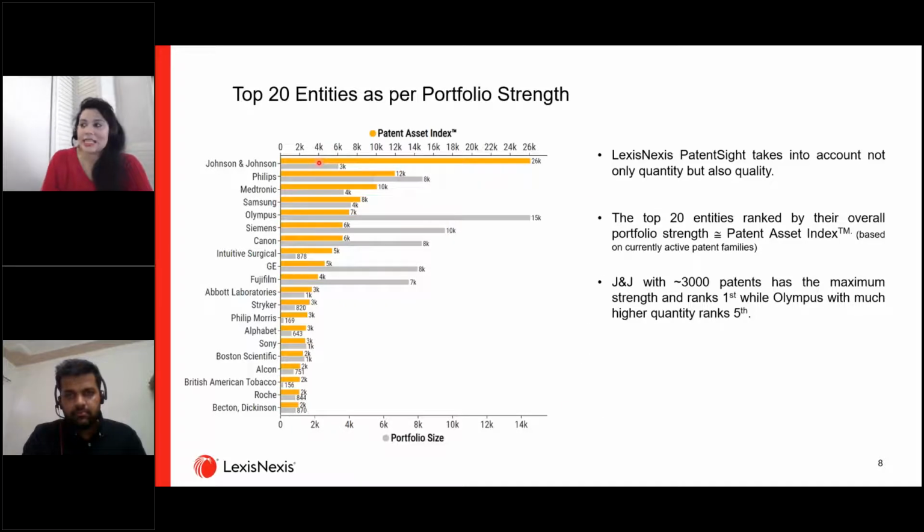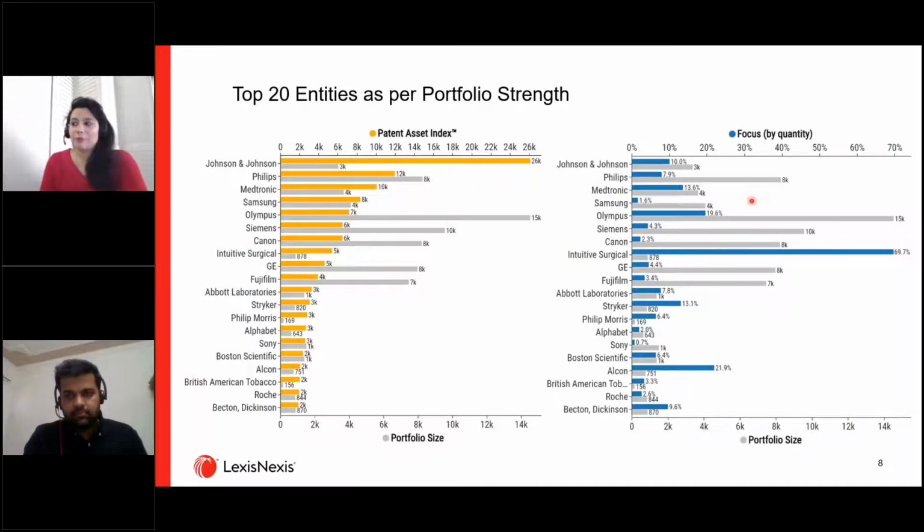It also makes sense to understand what is the focus of each entity in the field of digital health. What you see here is these 3,000 patents of Johnson & Johnson, they make up 10% of the entire portfolio of Johnson & Johnson's patent portfolio. So 10%, you can think of the focus.